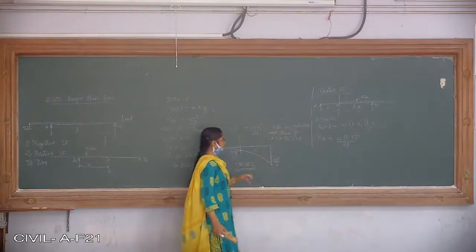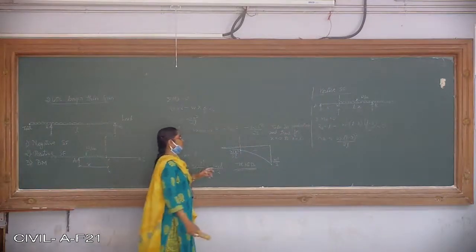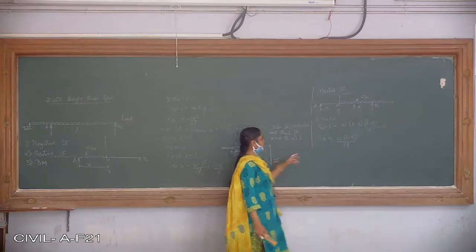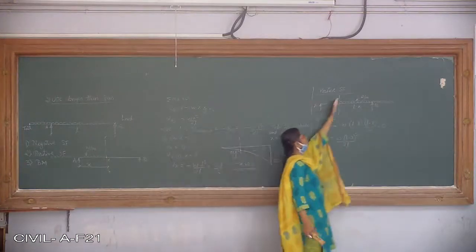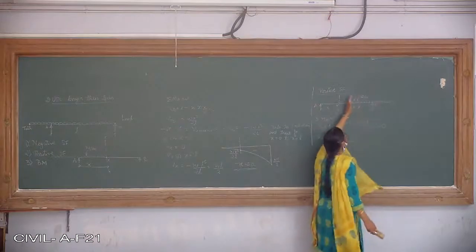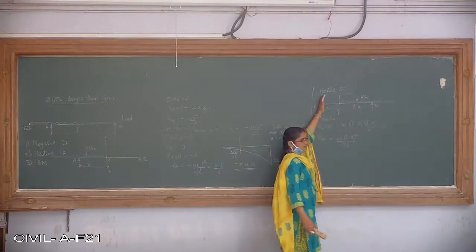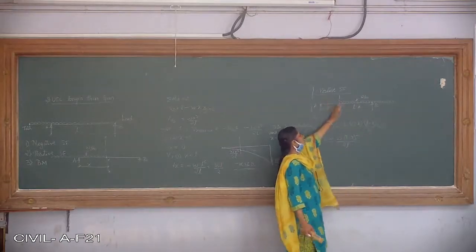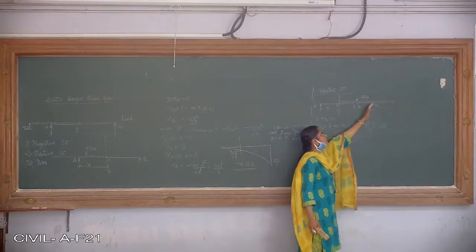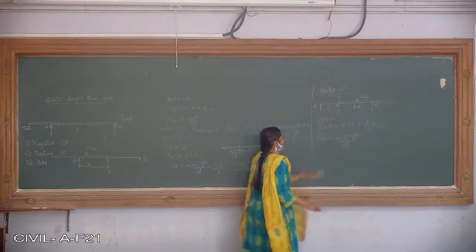Now, it is also true for x equal to 0 to x equal to L, because the load is moving from this end to this end like this, correct? So when it moves from one end of the beam to the other end, the value of x will vary from 0 to L again.